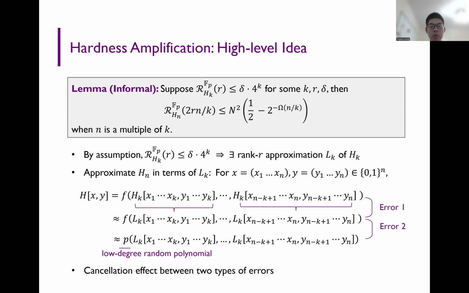Fortunately, we can complete the proof by observing a cancellation effect between the two types of errors. Say, if an entry is changed in both steps, it may end up correct in the final matrix. By carefully analyzing the low-rank matrix under this cancellation effect, we can prove the self-reduction.